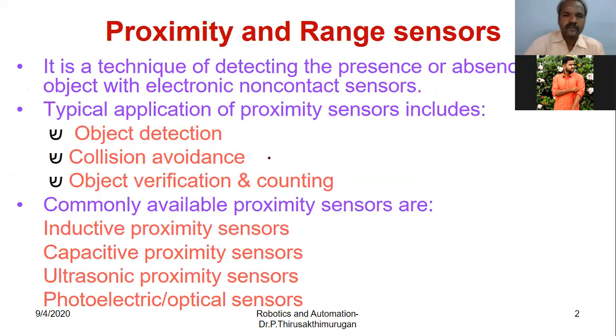So the proximity and range sensor techniques are mainly used for detecting the presence and absence of an object with electronic non-contact sensors. So there are two types, basically very useful sensors, called inductive and capacitive proximity sensors.